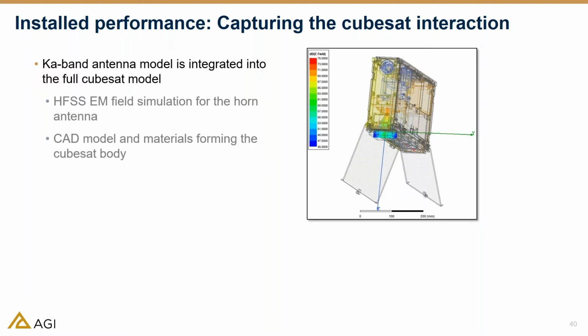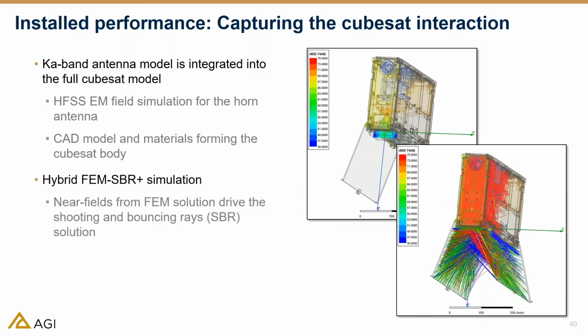Next, please. But the region outside of this box is solved using a different electromagnetic analysis technique called shooting and bouncing rays. The full CubeSat body is really fairly large for a finite element volume meshing simulation. And SBR, shooting and bouncing rays, provides the ability to model electrically large scattering interactions and their effects on installed antennas.